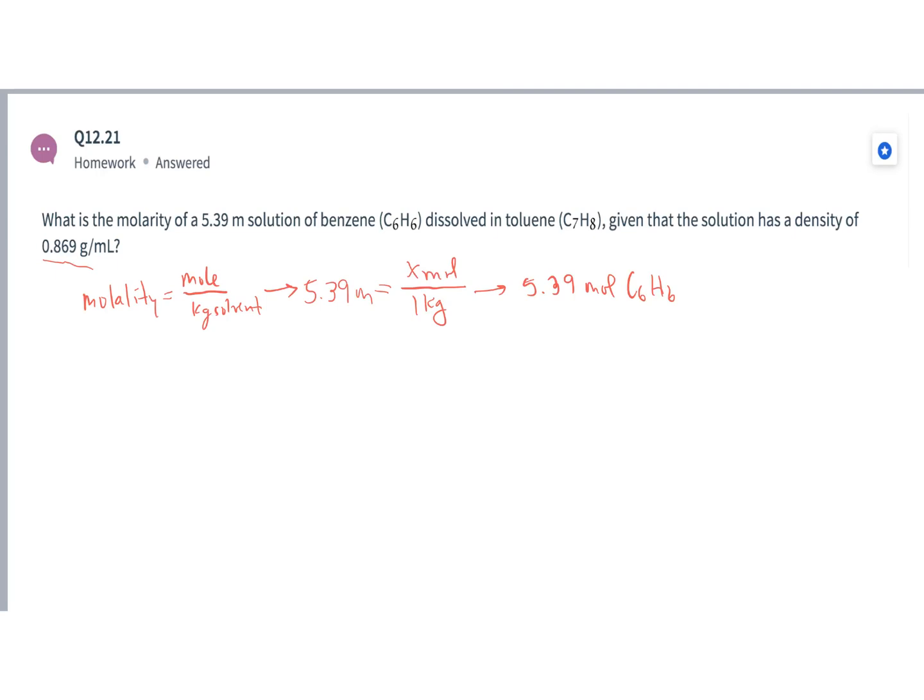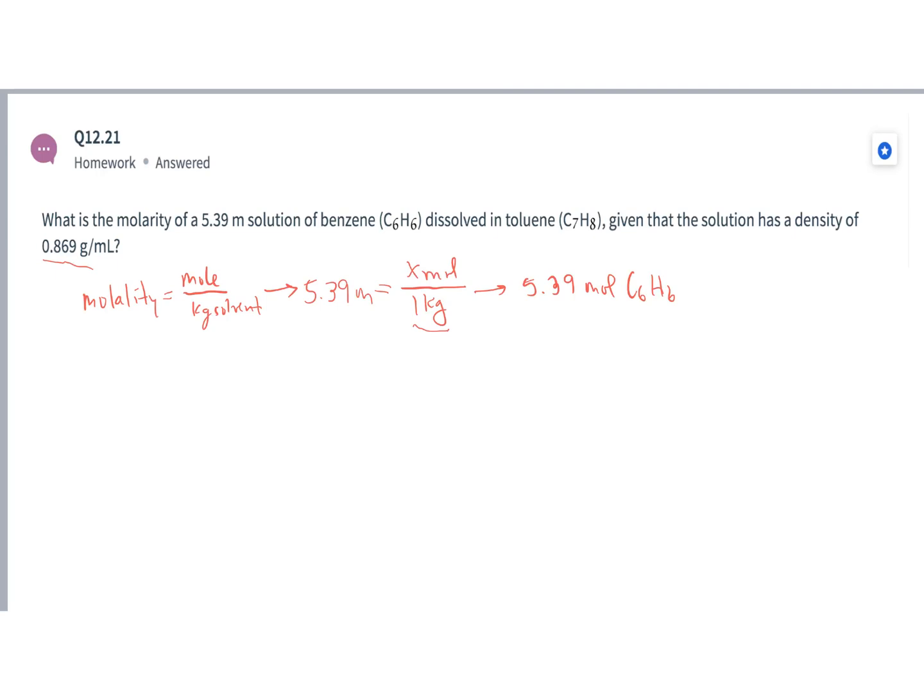And that's fine, except for the next part. To find the molarity, you're using that 1 kilogram and finding the volume using the density. But that's where we're going wrong, because this 1 kilogram is the mass of the solvent. We need to find the total mass to find the total volume.